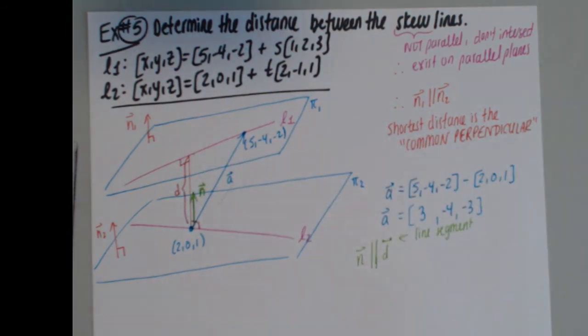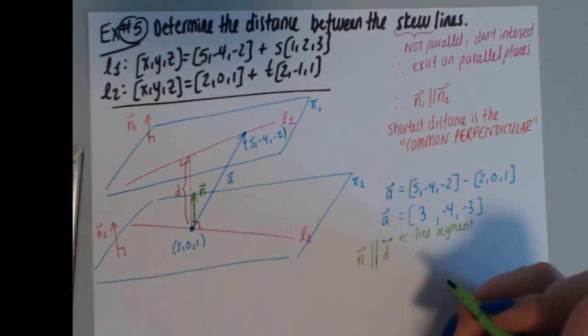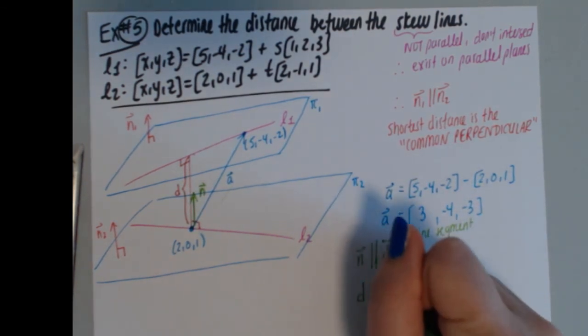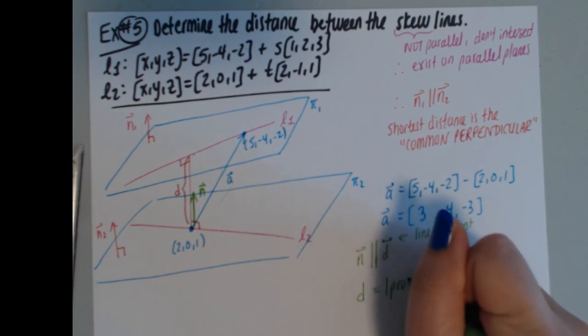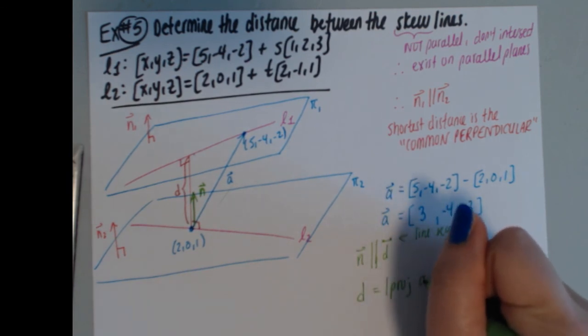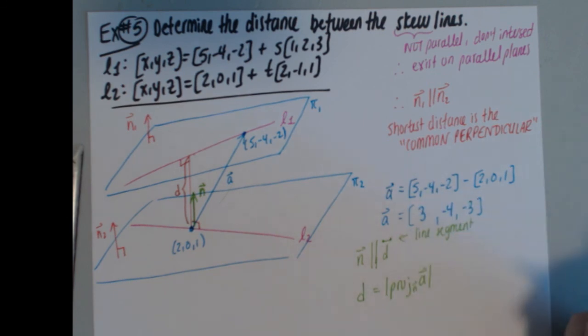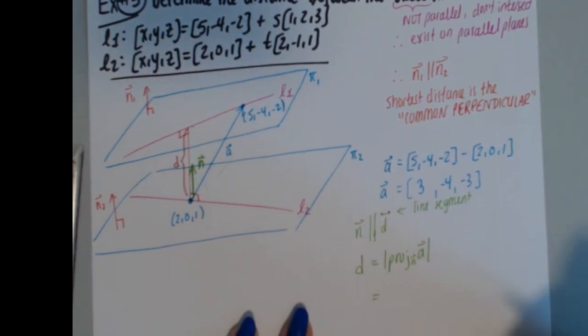Now, the only thing here is, well, how do I figure out a normal vector to that plane? All right, so let's figure this out. All right, so we've got D. D, we have established, is the magnitude of the projection of vector A on vector N. So if we recall, it's been a while since we did this.